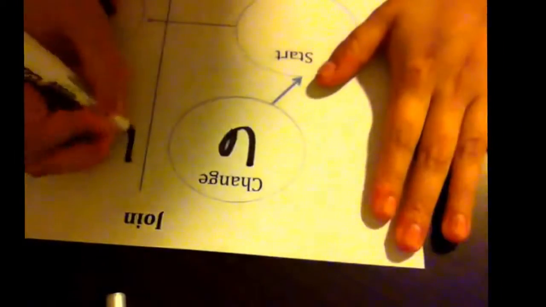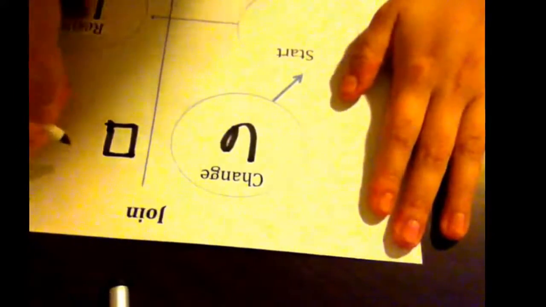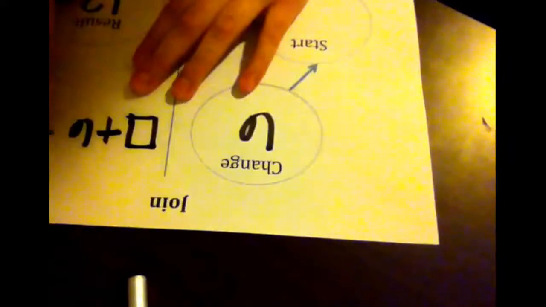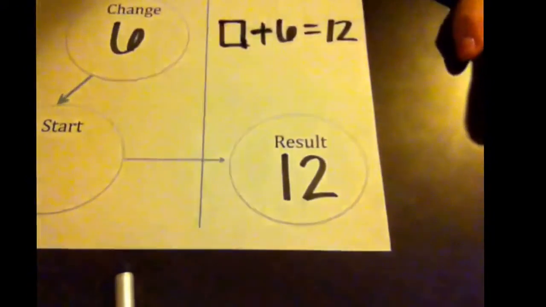So the easiest way we can do this is we can set this up and we have a block here for our unknown, for our start. And then we have our 6 books for our change. And then that equals 12. So we need to figure out blank plus 6 equals 12.